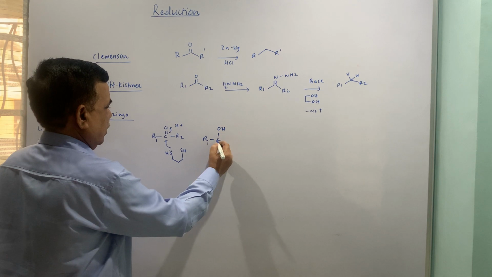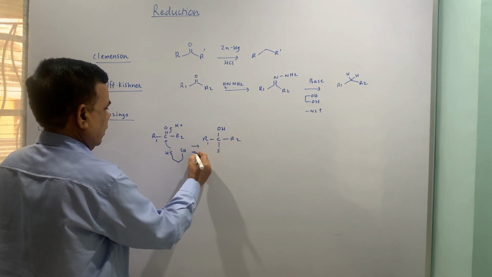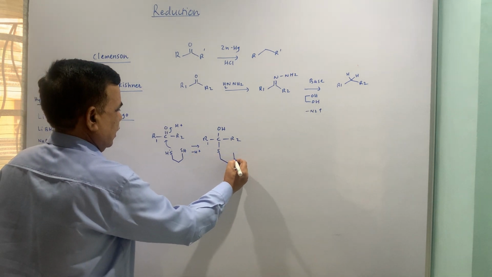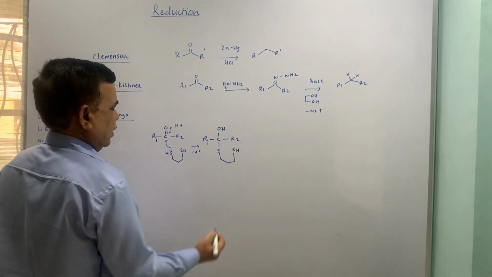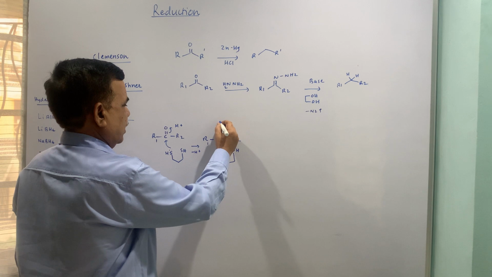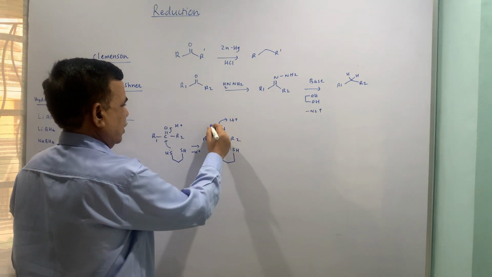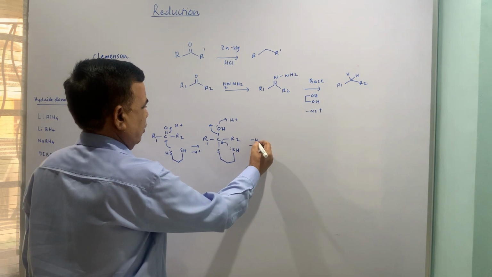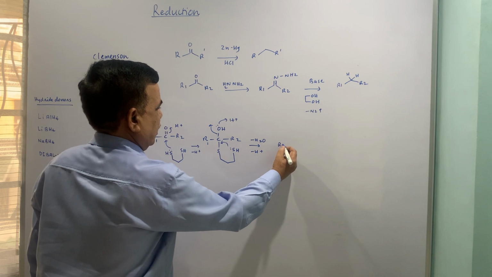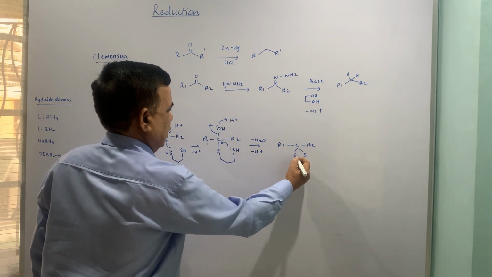This will be R2 S. I am putting one step less here, S, and then these are the three intervening methylenes, and then protonation of this and loss of water molecule, minus H2O minus H plus, furnishes the dithiane.